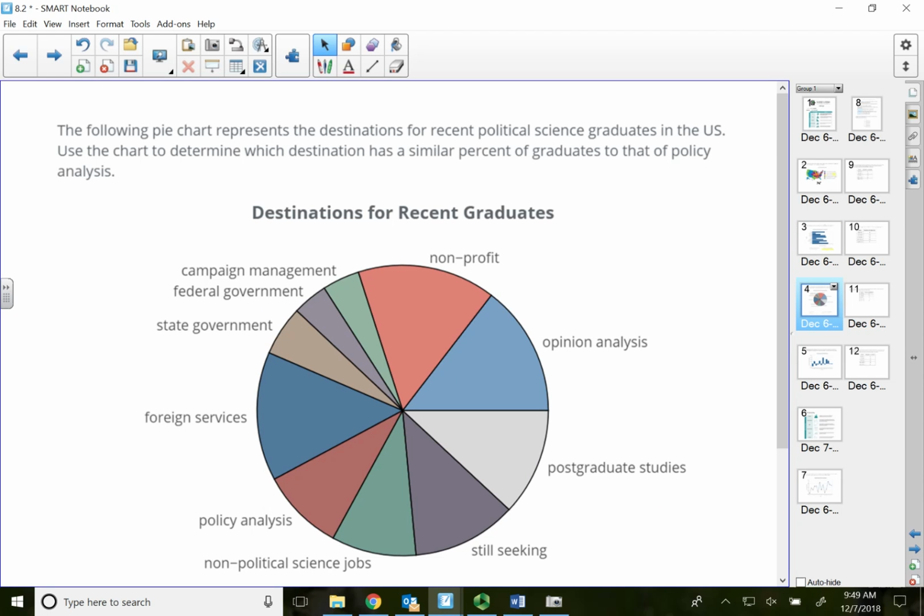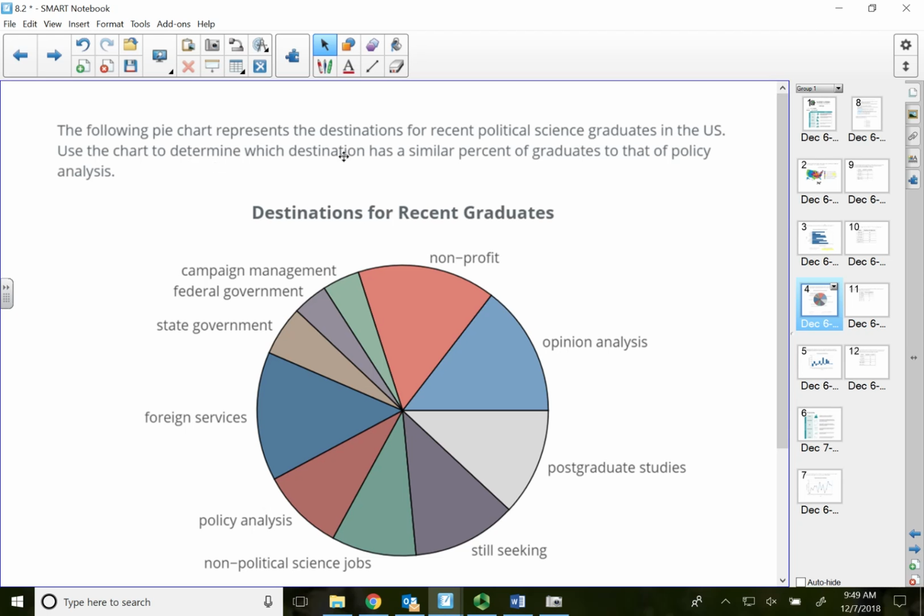Next, a pie chart, or I call it a circle graph. It's all using labels, indicating how much of the pie each covers. The item or label that covers the largest part of the pie has a higher percentage.